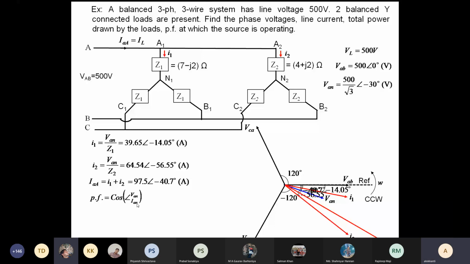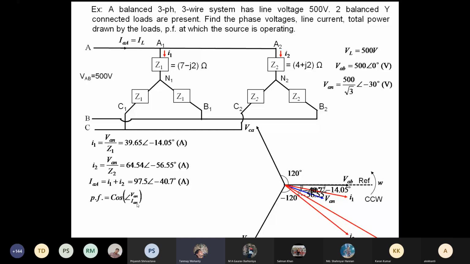Sir, can we directly do I1 square into 7? Yes, same answer, I square R. Using I square R, we can do it without power factor.